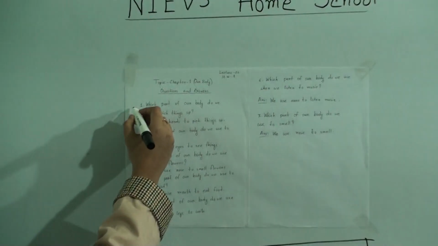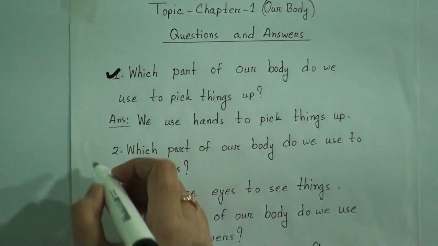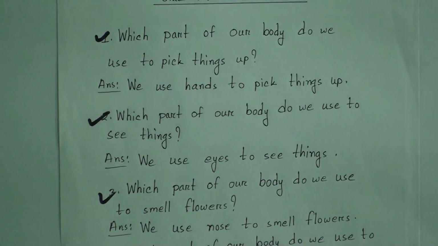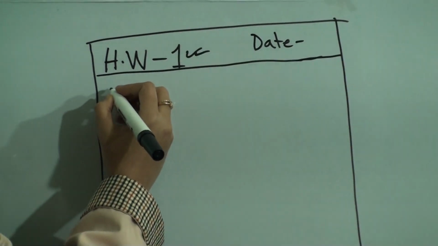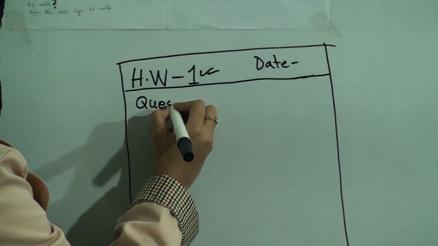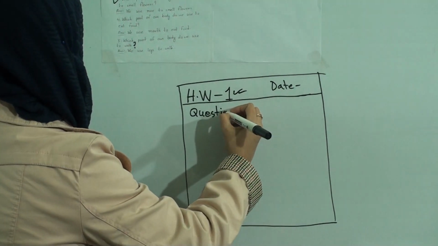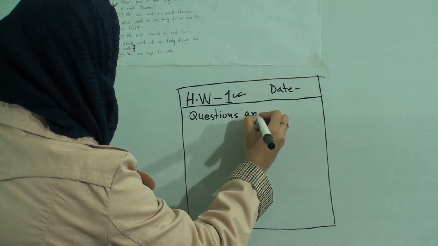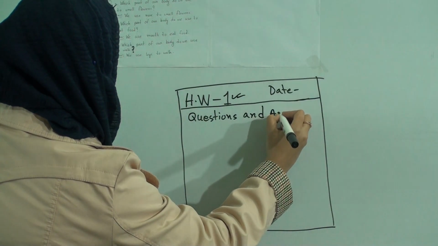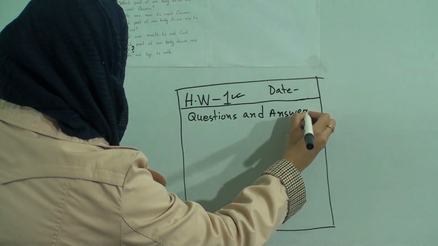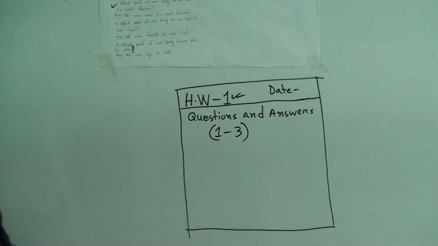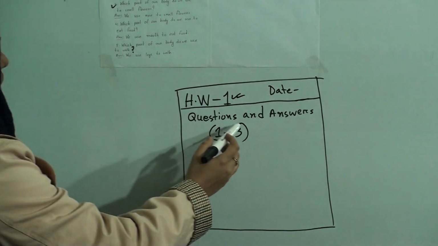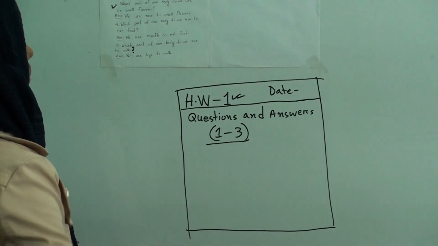Here are a total of 7, and your SW will be 1 number, 2 number and 3 number questions and answers, from 1 number to 3 number.